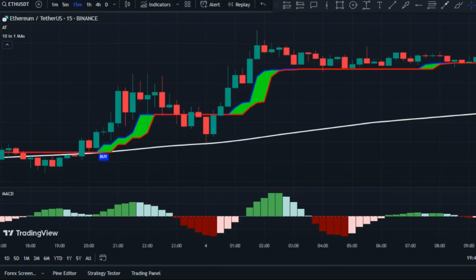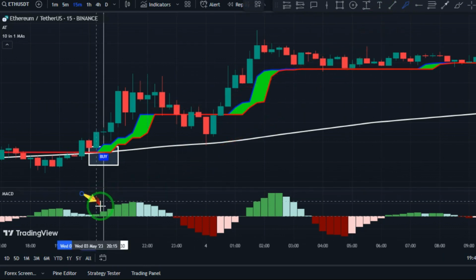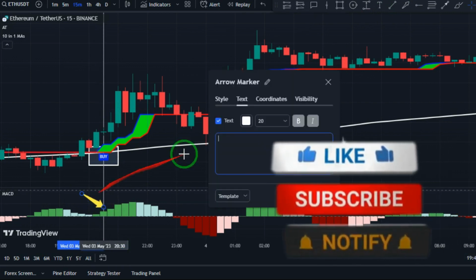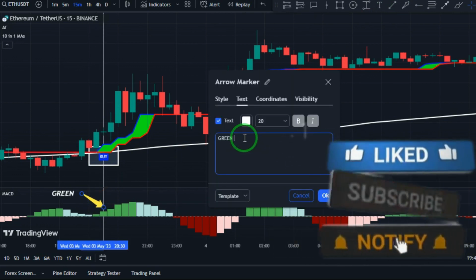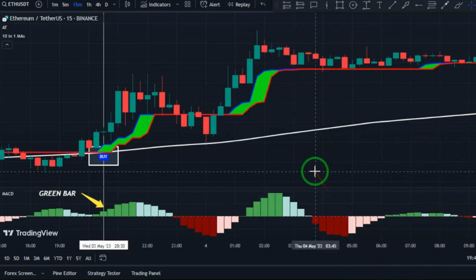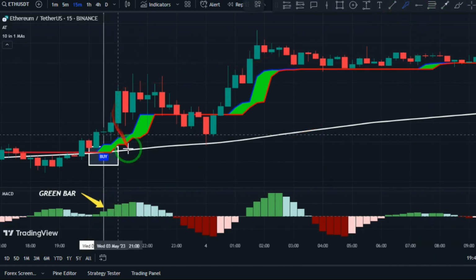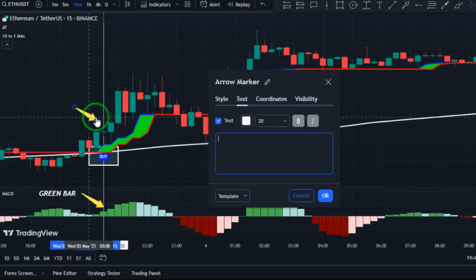When entering a trade, we'll look for alignment between all these indicators. For a buy trade, the alpha trend should generate a buy signal. The MACD histogram should be green and above the zero line. And the price should be above the moving average.